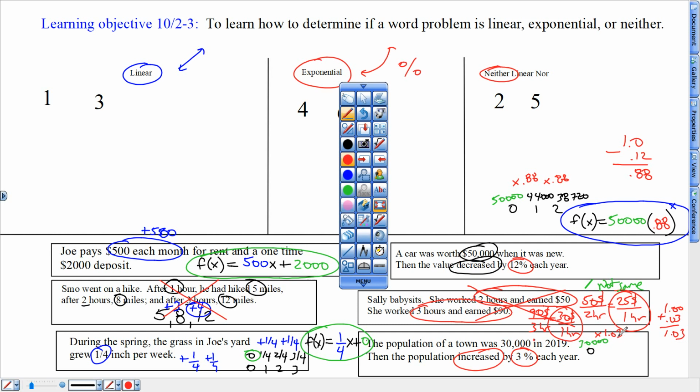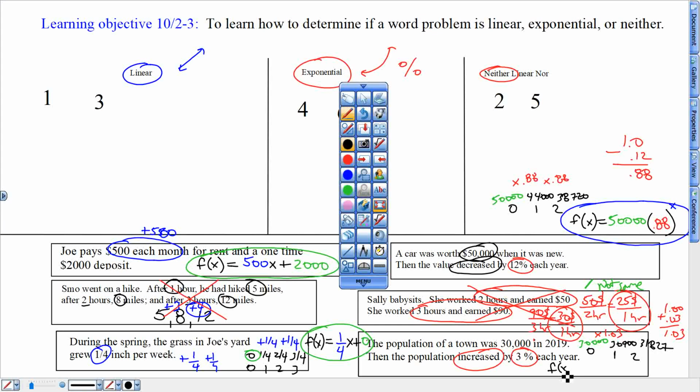I don't even need to find my other numbers, but I'll write a couple here just to show you what's going on. So 30,000 times 1.03 goes up to 30,900, and then that times 1.03 goes up to 31,827. All I need for the equation I have, so here I go.